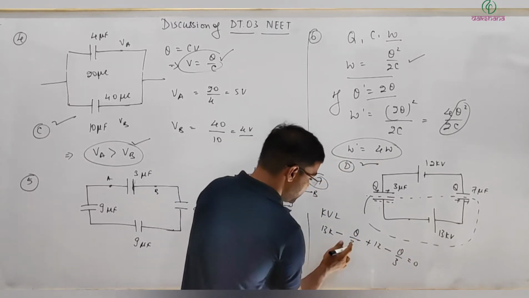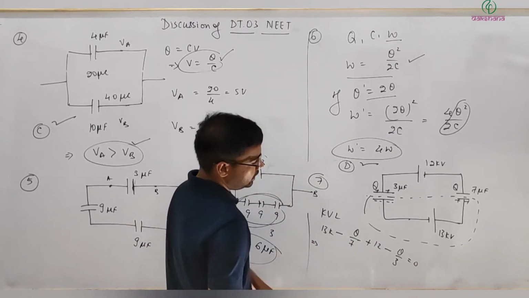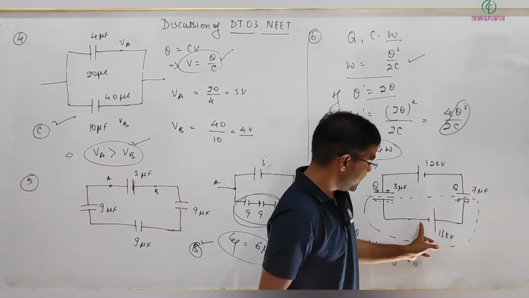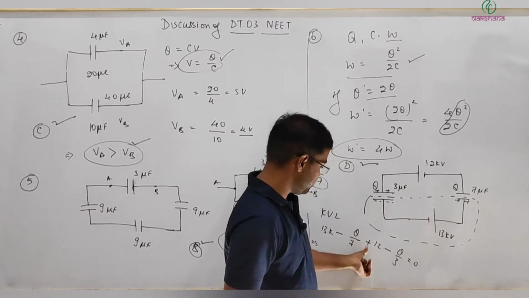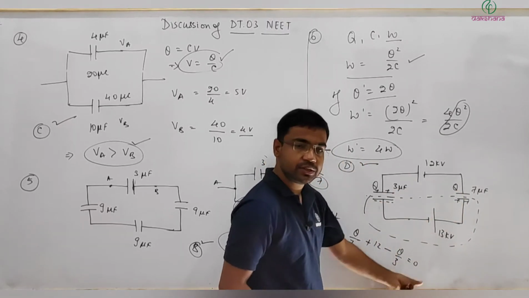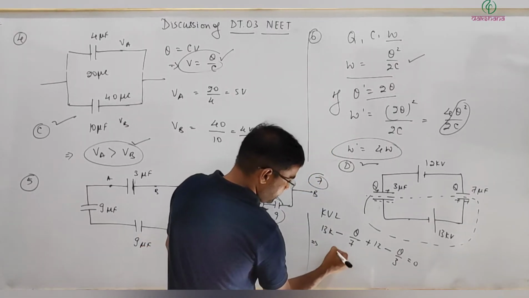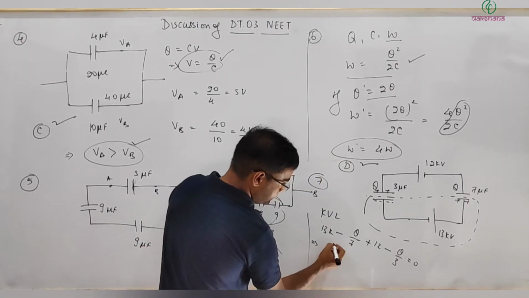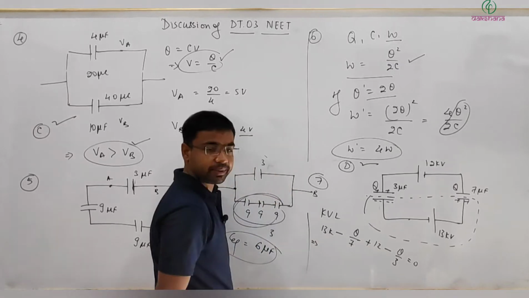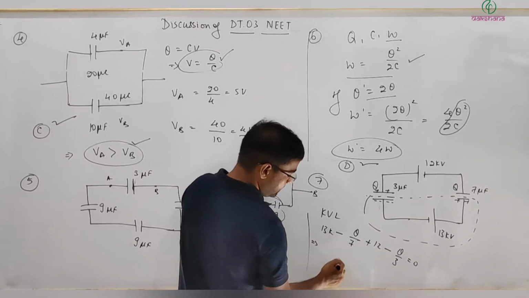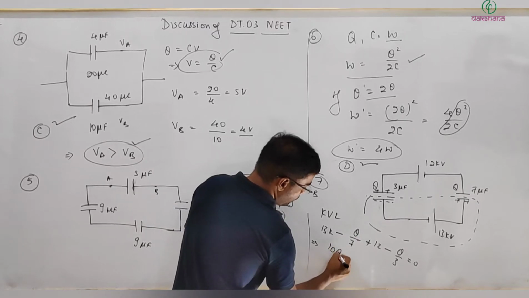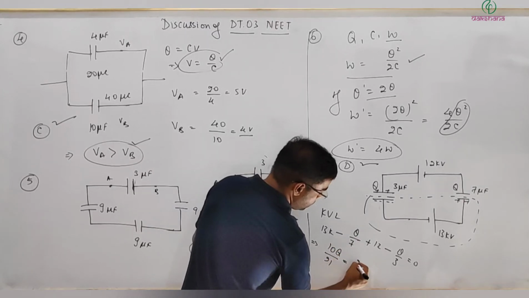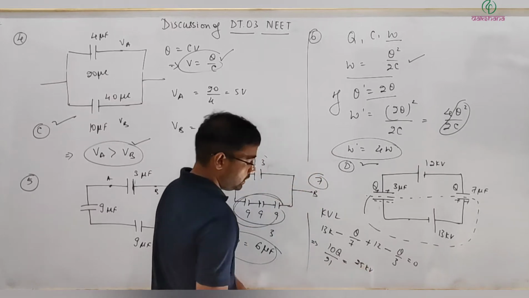Let me simplify it. After solving, we get 25 kilovolt, and taking the LCM, it is 21 and it will be 10. So 10Q by 21 is equal to 25 kilovolt.